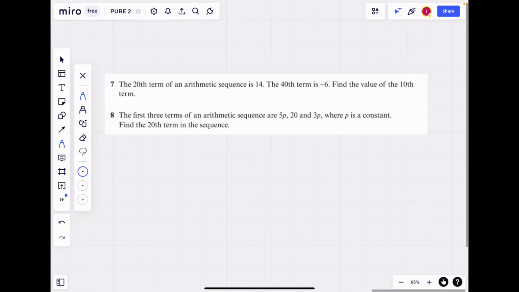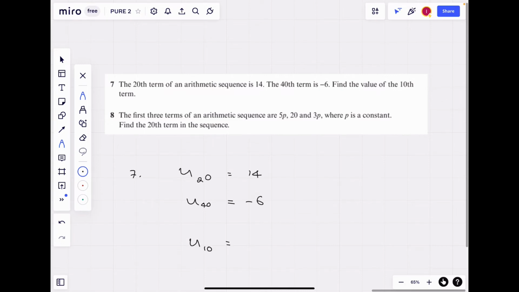Okay, so question 7. The 20th term of an arithmetic sequence is 14. So u20 equals 14. The 40th term is minus 6. Sorry, u40 equals minus 6. We want u10.